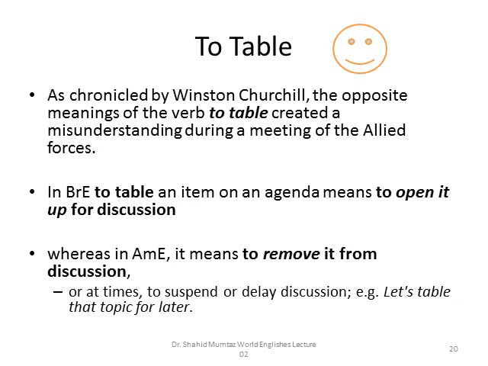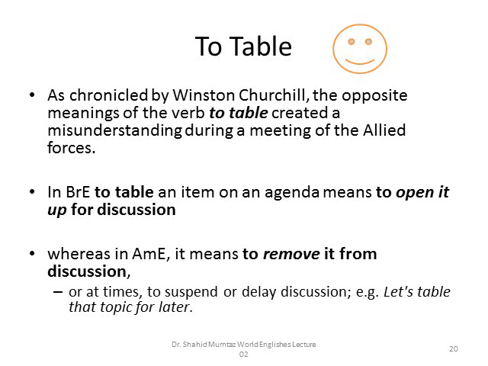So let's talk on this. Whereas in American English, it means to remove it from discussion. When you say to table it, it means to remove it from discussion.